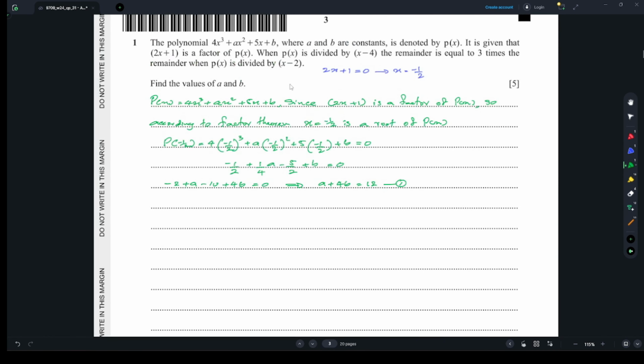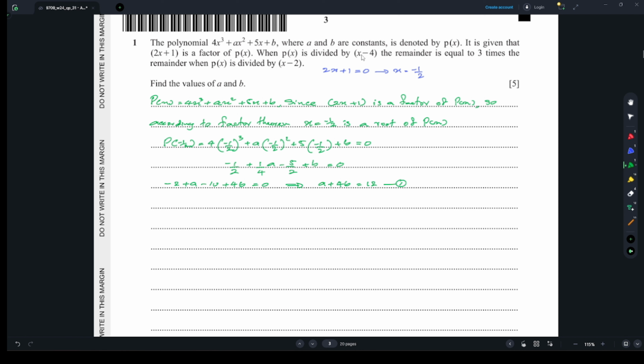Then they gave us another piece of information: p(x) is divided by x minus 4, the remainder is 3 times the remainder of p(x) divided by x minus 2. Again from that we can substitute those values. We have to use the remainder theorem here.